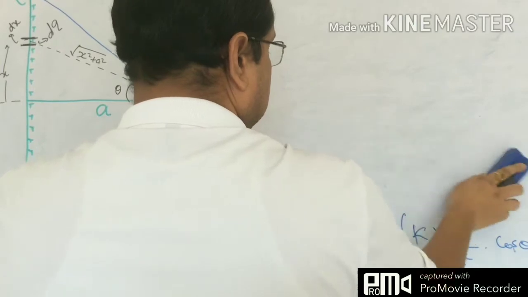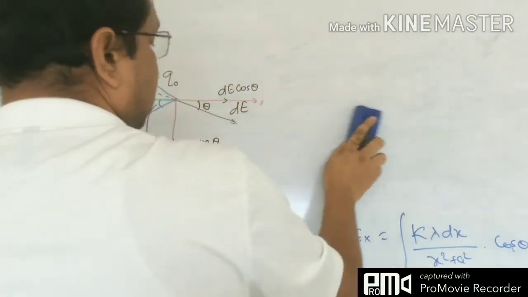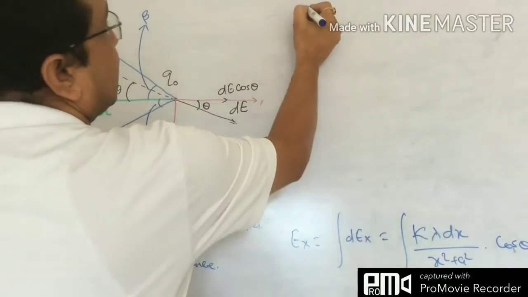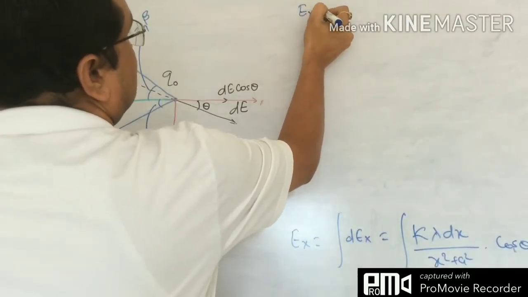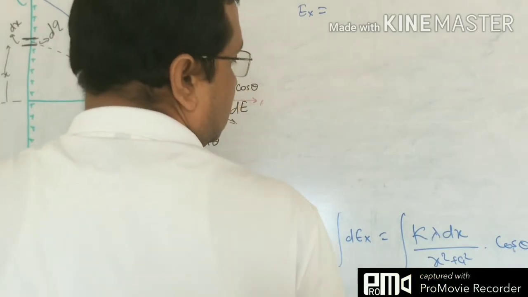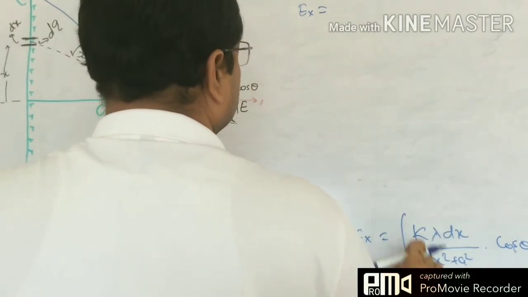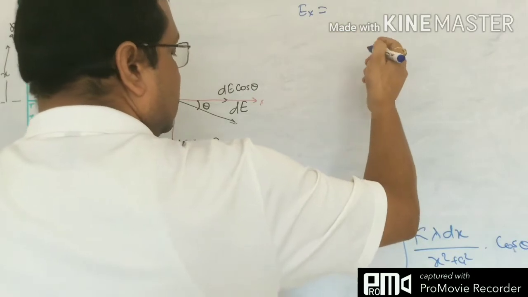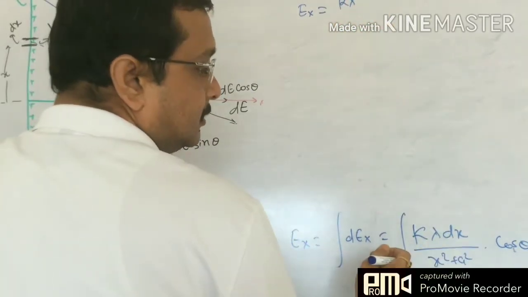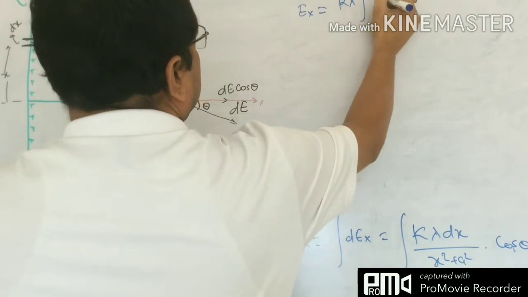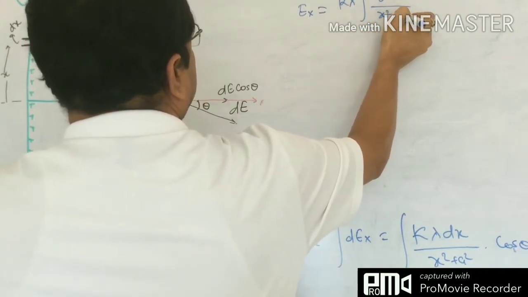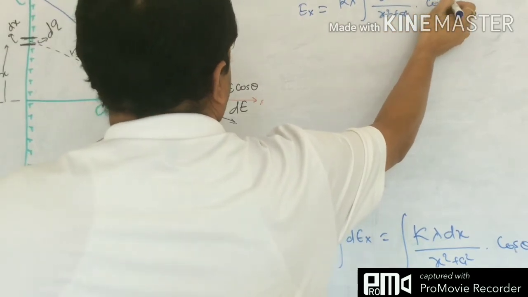So ultimately you can see that Ex equals k lambda, which is outside the integration, of dx by x square plus a square into cos theta.